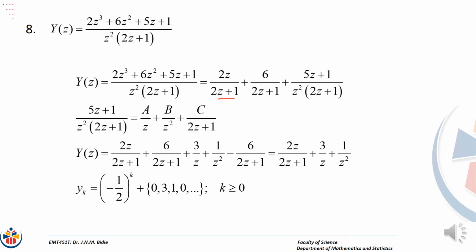We ended up with 2z in the numerator divided by 2z plus 1 and 6 over 2z plus 1. Note that we have to divide the first and the second term by the whole denominator, and then we cancel the terms that need to be cancelled, and then we are left with 5z plus 1 divided by z squared into 2z plus 1. This requires partial fractions.